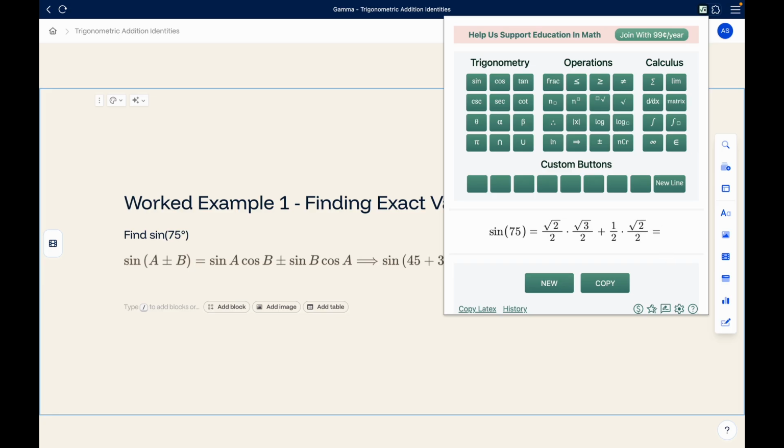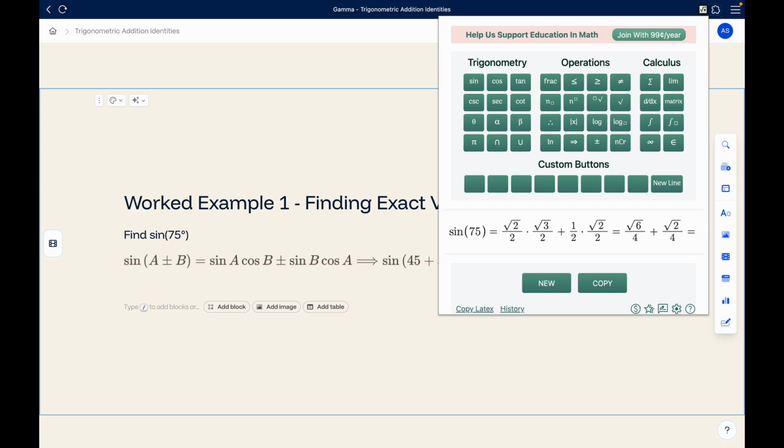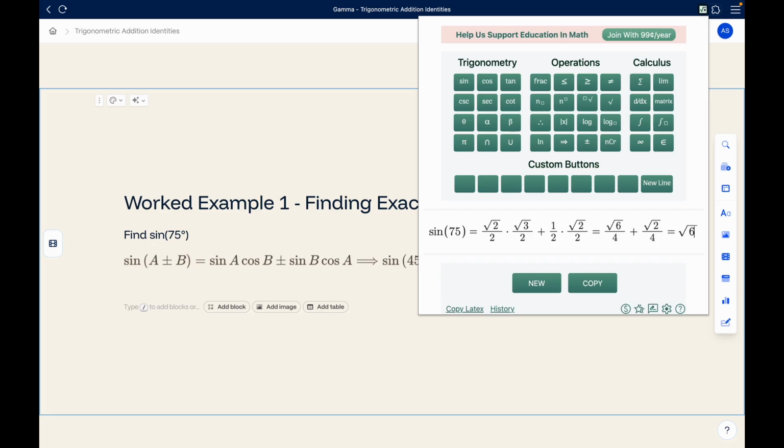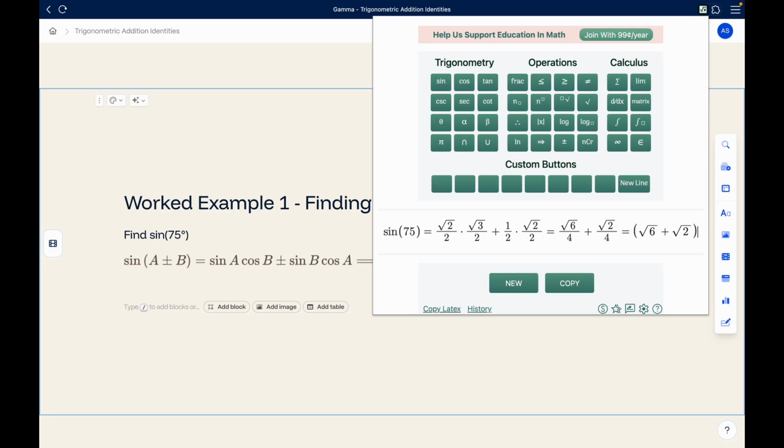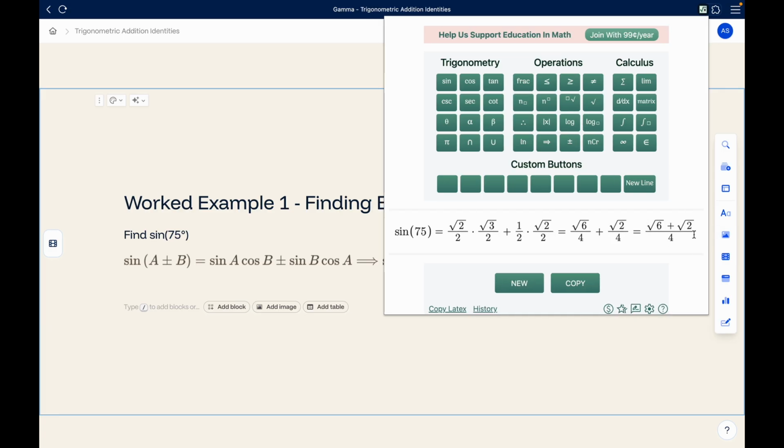If we do some more simplification, what we will get is the square root of 6 divided by 4 plus the square root of 2 divided by 4. Then, after that, it will give us the square root of 6 plus the square root of 2, and then all of this will be divided by 4.